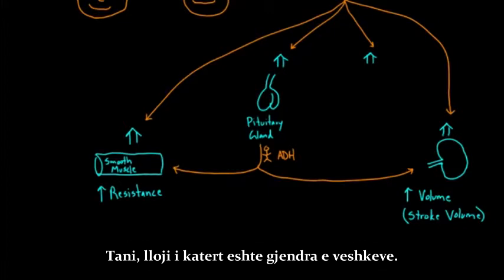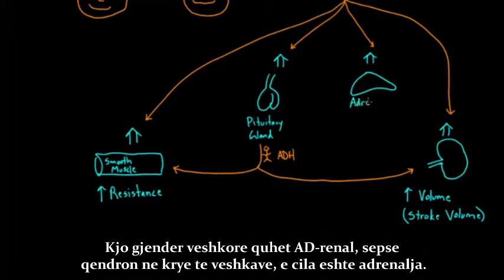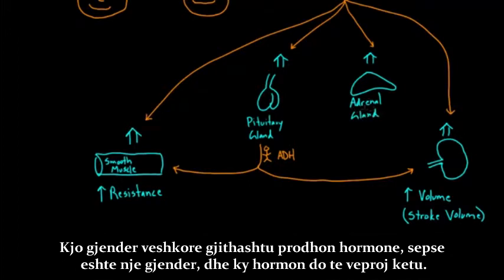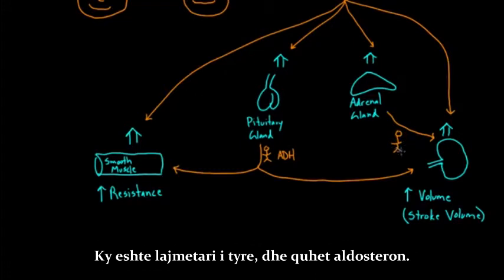Now, the fourth cell type is going to be the adrenal gland. So the adrenal gland is here, and this adrenal is called adrenal because it's sitting on top of the kidney. This adrenal gland is also making a hormone because it's a gland, and that hormone is going to act right there. And this is your little messenger, and this is called aldosterone.